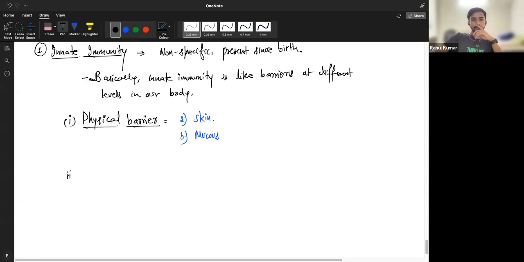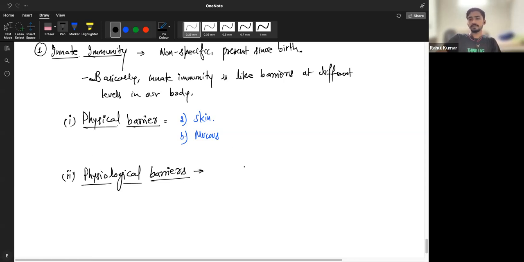Now, coming to the next part, as we go inside the body. These were the outer layers. As we go inside, now we start with physiological barriers. Physiological barriers are everything that is secreted from within the body and stays in the body, not at the outer layer.